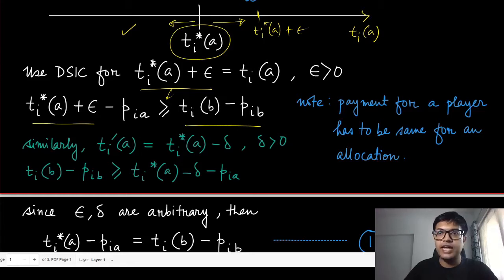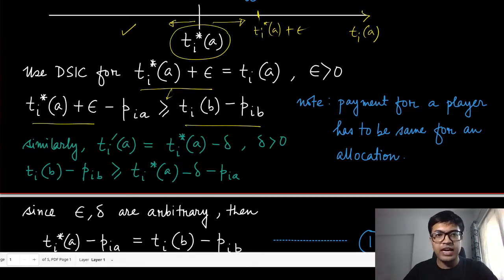So we have said that it is only going to be dependent on the outcome of the mechanism and not on the type, because if you could change your valuation report, which does not change your allocation, but it changes the payment, then there is a possibility of manipulation. So that mechanism will never be DSIC.